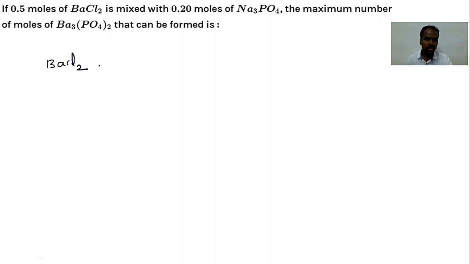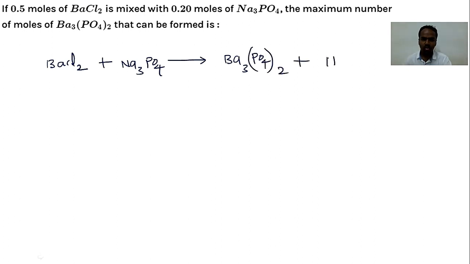BaCl2 reacts with sodium phosphate, an example of a double displacement reaction, to produce barium phosphate, Ba3(PO4)2, and sodium chloride.